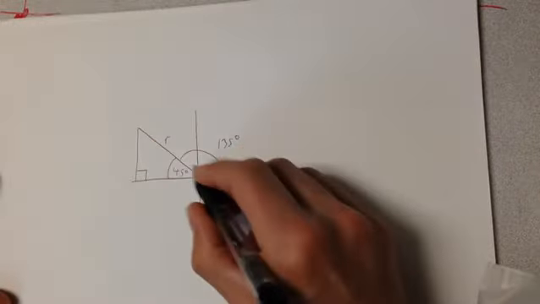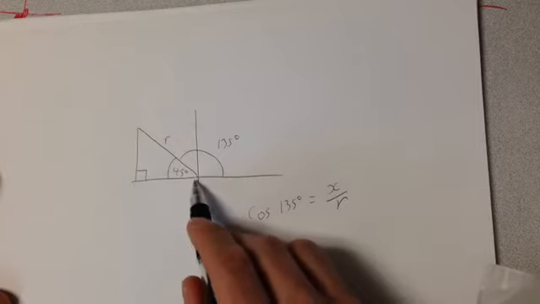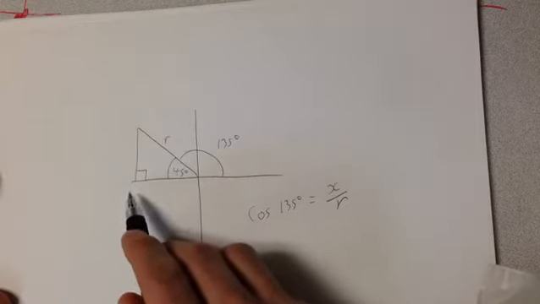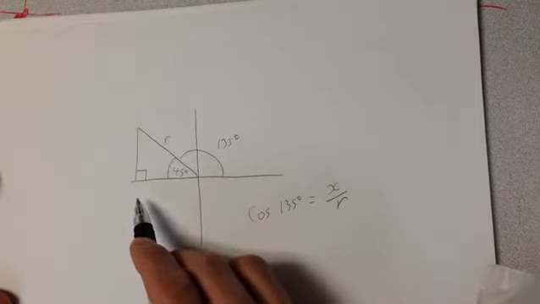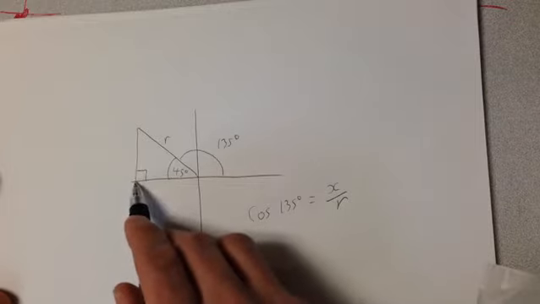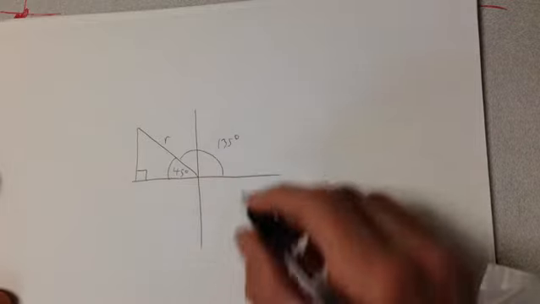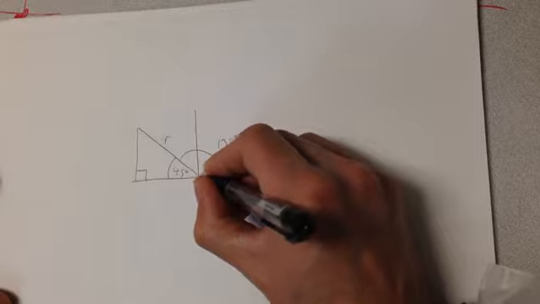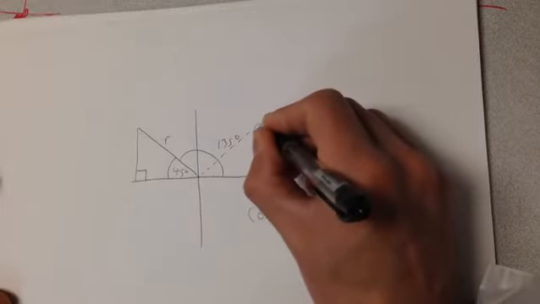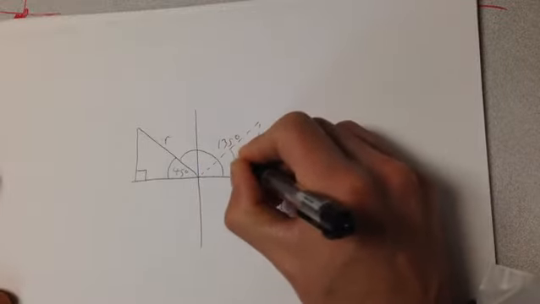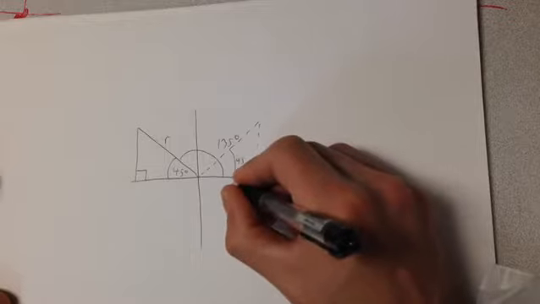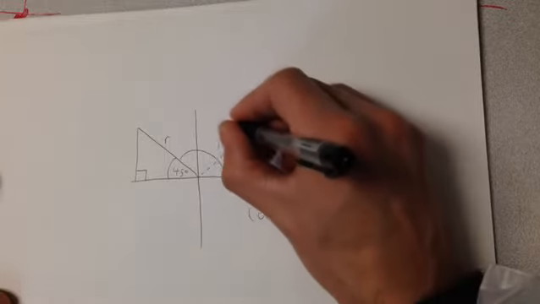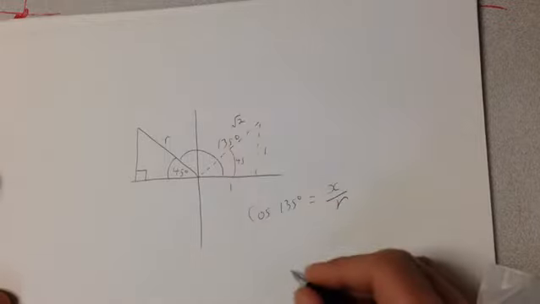R is always considered positive, but when we go this way, our x value is actually negative. If we were here at 45 degrees, we would have sides 1, 1, and root 2.